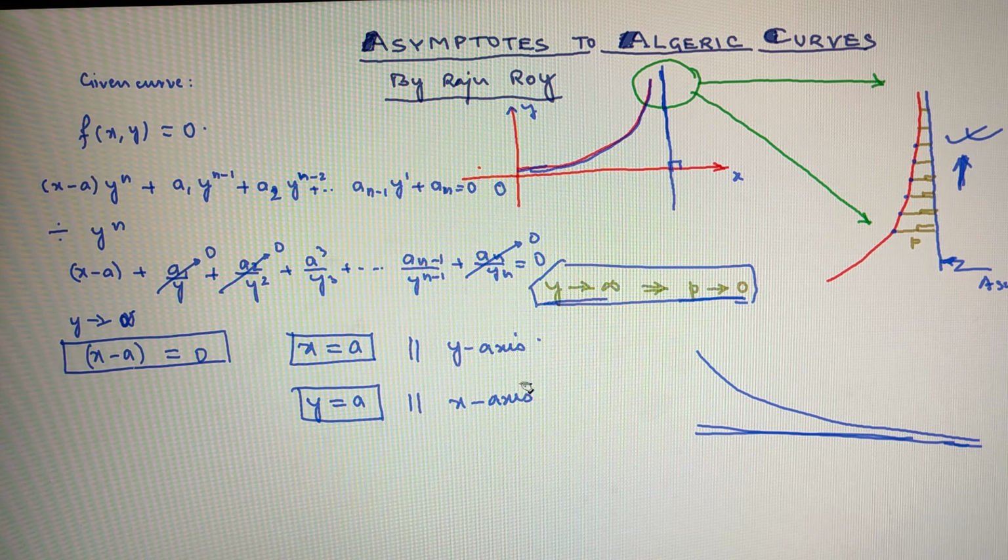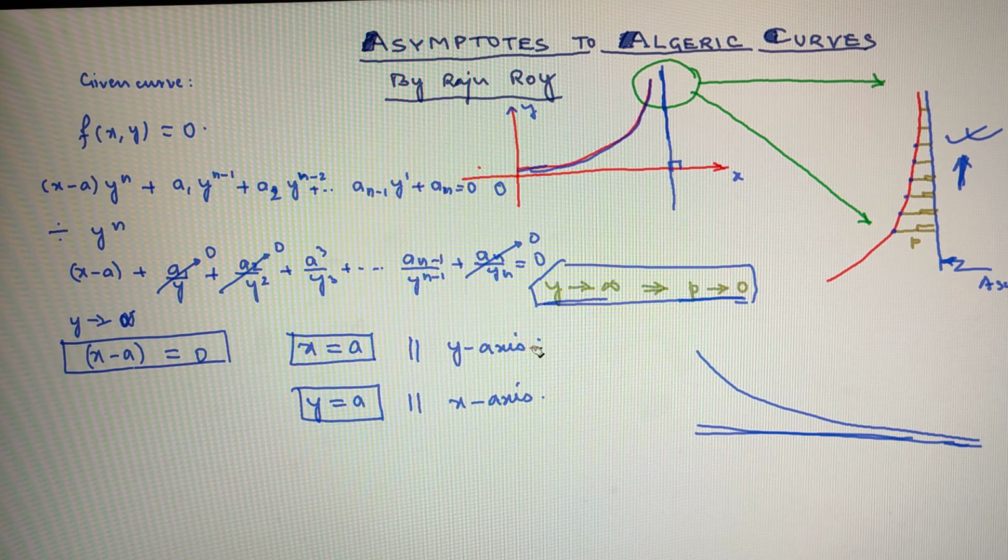But it is not always true that there will be an asymptote parallel to the x-axis or the y-axis. There may be asymptotes which are neither parallel to the x-axis nor the y-axis. They will be oblique. Or sometimes the asymptote may not exist. That is also possible. So we will see a little bit of the derivation of how to find this asymptote in the next class.